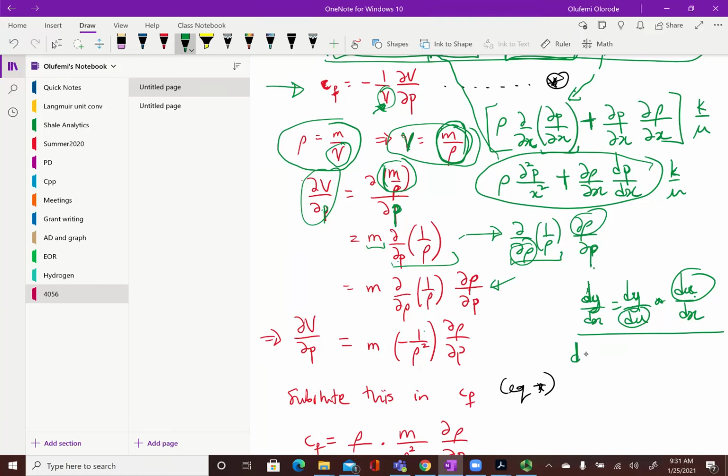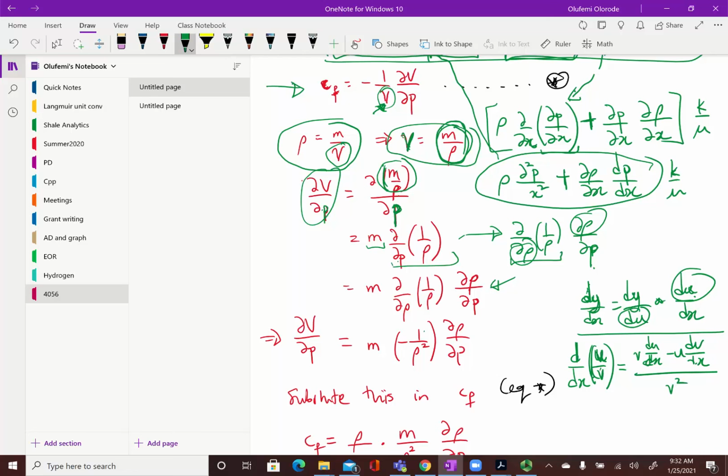To differentiate u over v with respect to x, you use v du/dx minus u dv/dx, divided by v squared.